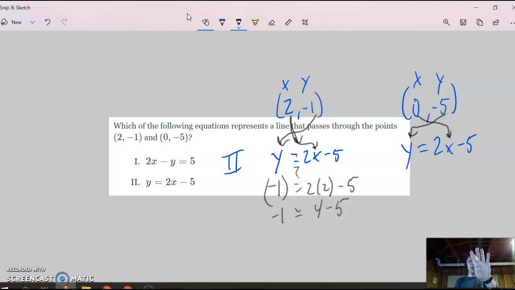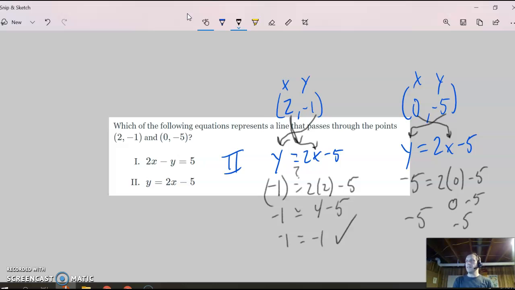Yep, if I'm at 4 and I subtract 5, I go in the negative direction, past 0 to negative 1. So this one works. Negative 1 is equal to negative 1. And then we plug in the negative 5 here for y. 2 times 0 minus 5. And you can see 2 times 0 is 0. 0 minus 5 is negative 5. So yes, it is true for this equation as well.